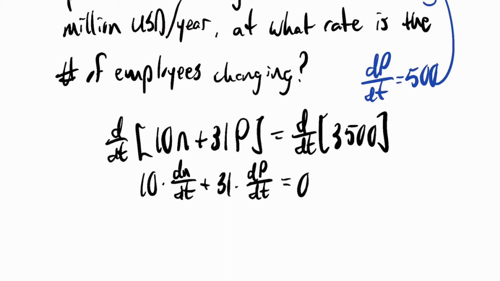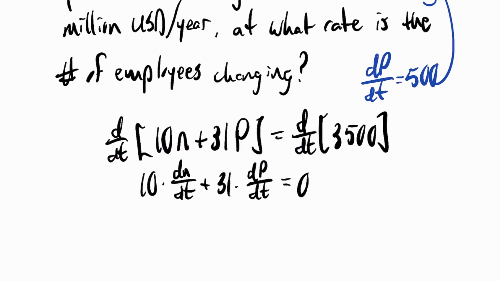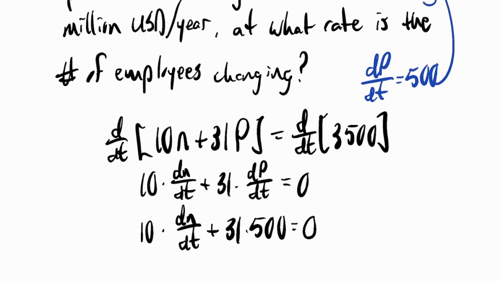So now that I've found my time derivative, I can plug in the 500 that I was given as the rate of change for profit. So 10 times dn/dt plus 31 times 500 equals 0. And now I can solve for dn/dt.